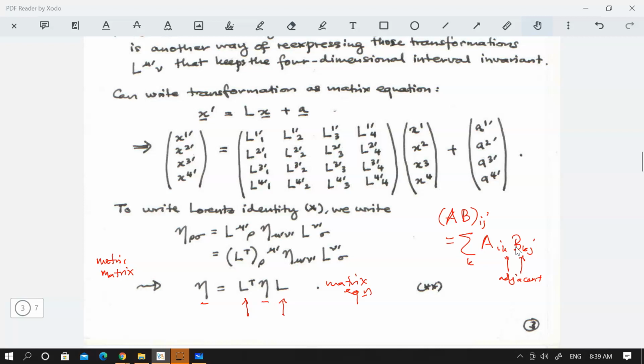An analogy for the Euclidean space would be this: your identity matrix, given by the Kronecker delta, equals O transpose I O, but I here is just an identity matrix, so this gives you O transpose O. We know that this is an orthogonal matrix: O transpose O gives you the identity matrix.